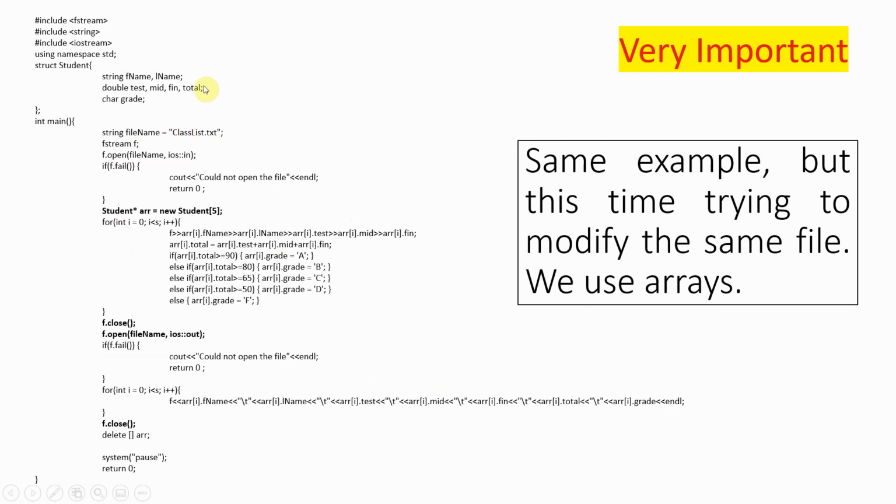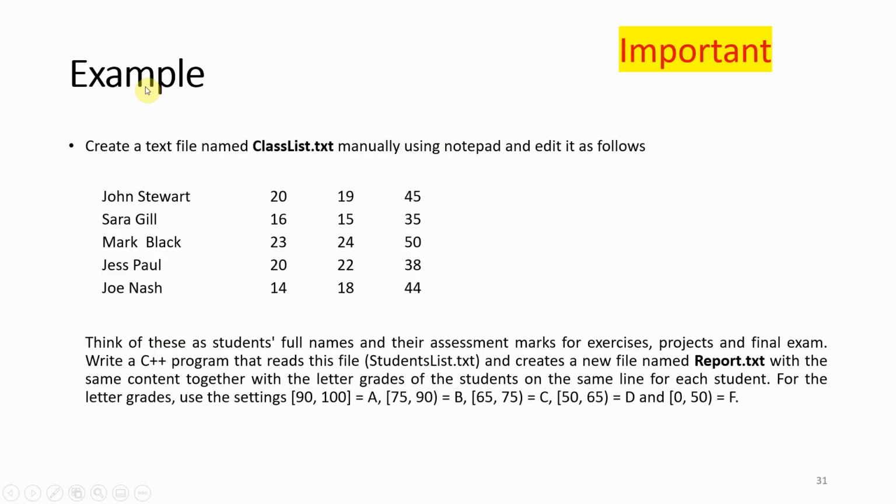In order to make it easier, instead of having 5 different arrays, actually 7: one for exercise, one for midterm, one for final, one for total, one for grade, one for first name, one for last name, and so on.